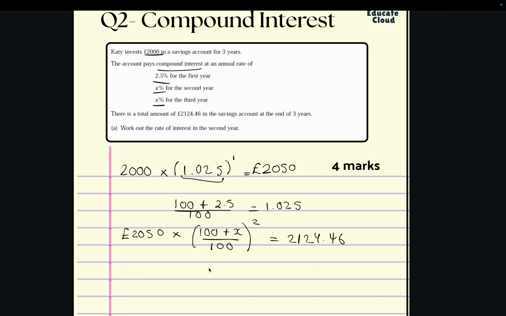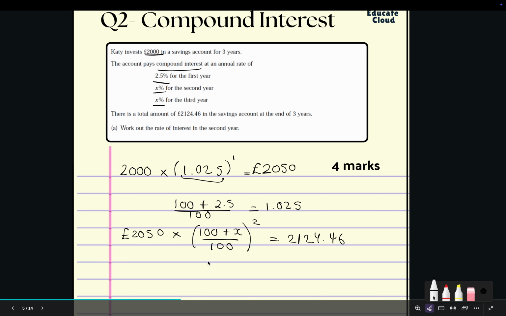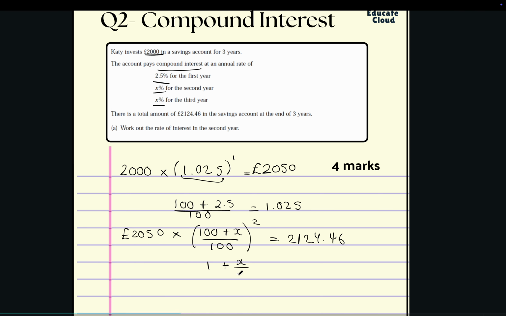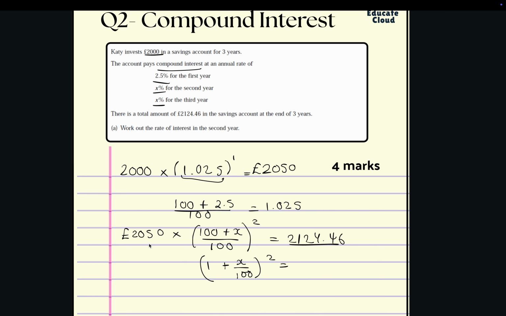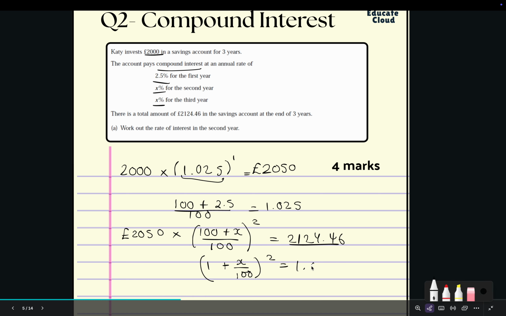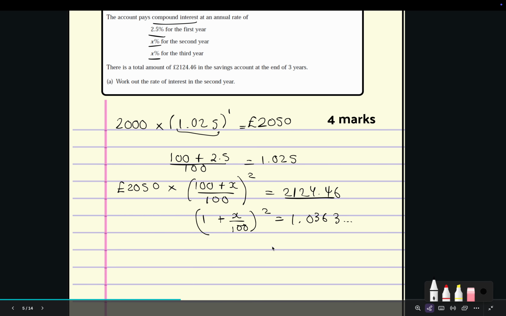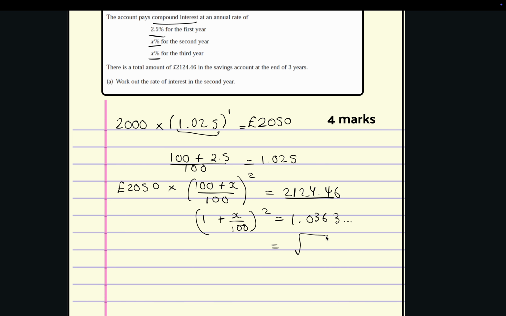Then 1 plus x over 100 squared is equal to that divided by that. So 2,124.46 divided by 2,050 is 1.0363.